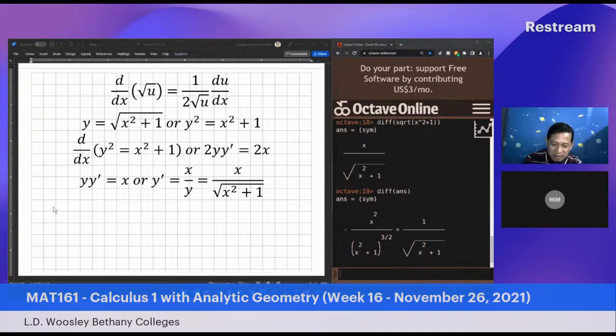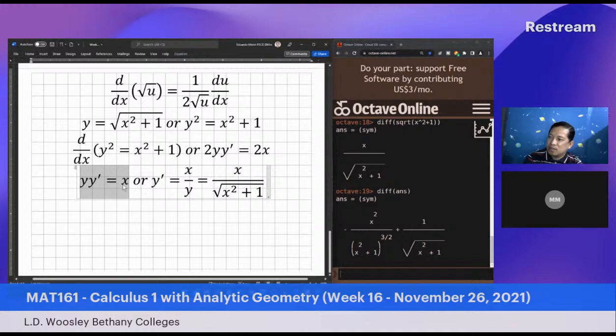Pag sa second derivative, dahil alam na natin yung sagot dyan, okay, ganito na mangyayari dyan. Kapag ito ang sagot, ito na yung kukunin natin. Ayan. So we'll take from this.